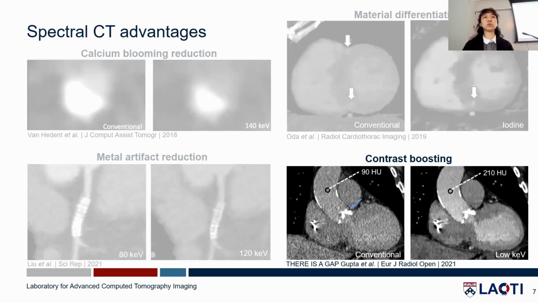So in general, dual source photon counting CT allows us to take advantage of the dual source capabilities in terms of temporal resolution for cardiac CT, while the photon counting portion allows us to take advantage of the spectral results. The aim of our study was to evaluate the effect of acquisition mode and heart rate on spectral results.